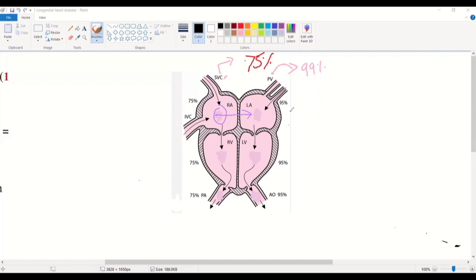So it leads to decreased saturation of the left atrium, right? In this way, decreased saturation of the left-sided chambers takes place. So can anybody tell me the names of left to right shunt diseases?